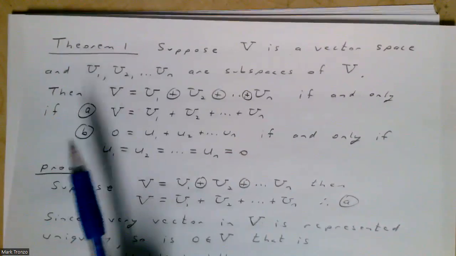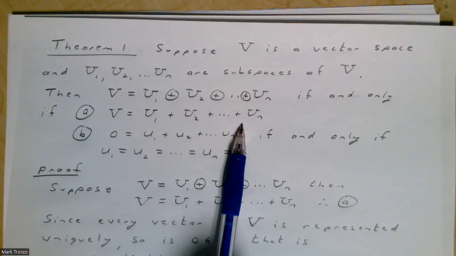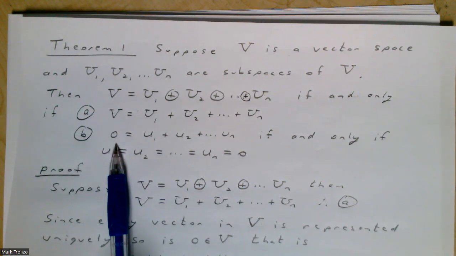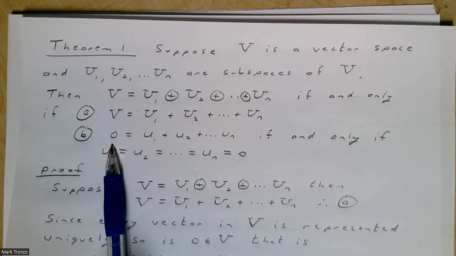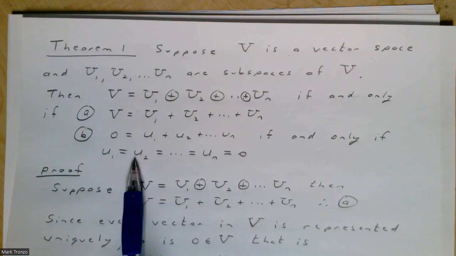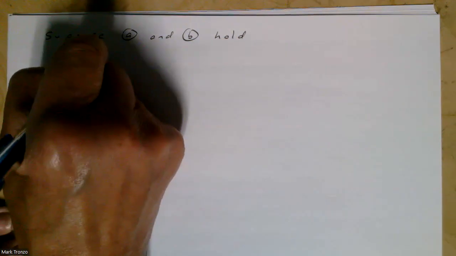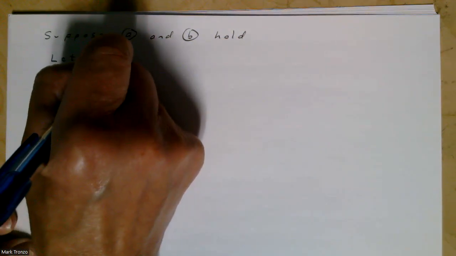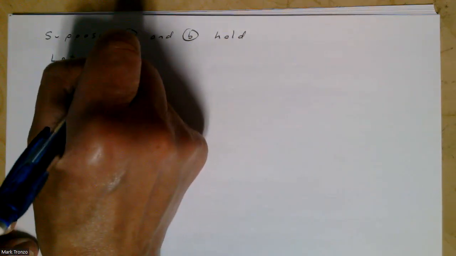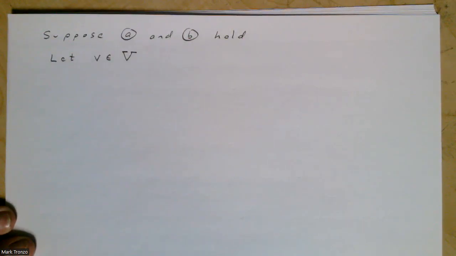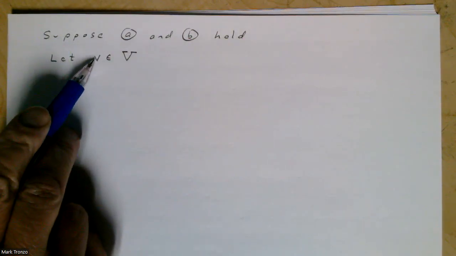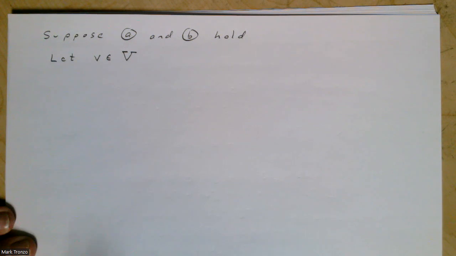Again, remember A and B, that we have this V is equal to the sum, and we can get 0 only when all of these are 0. And so pick a vector in V, and we want to eventually show that this is going to be represented uniquely.